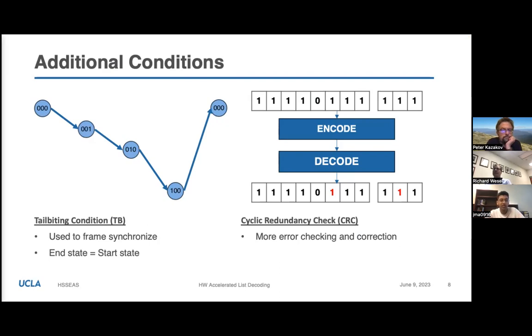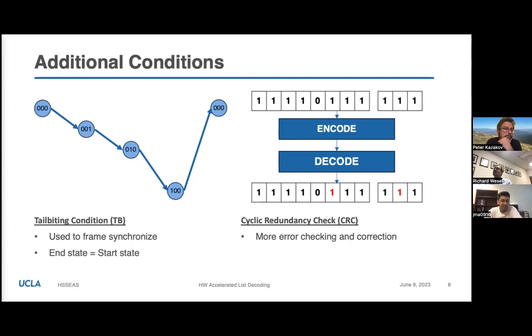So a tail biting condition says that each frame is going to have the same starting state and ending state in the encoding, and it's going to be a fixed length frame. When the receiver receives a frame, it can check whether the start and end are the same state, and every frame from there, since it's a fixed length, will be synchronized with the transmitter.